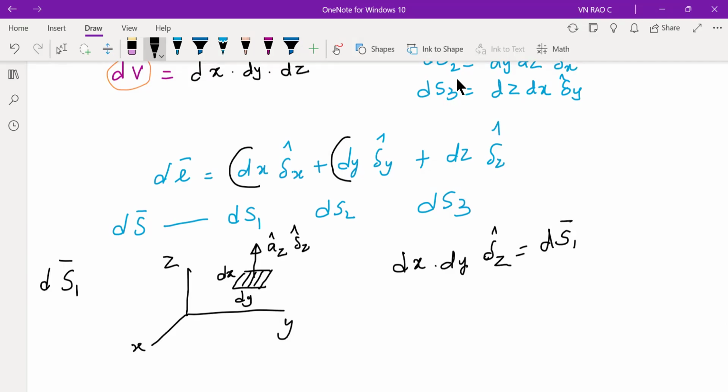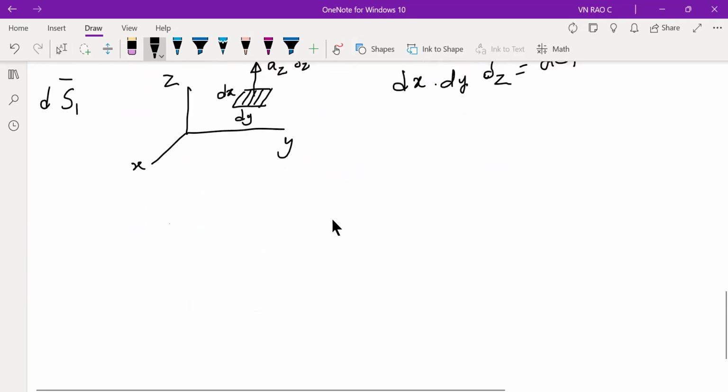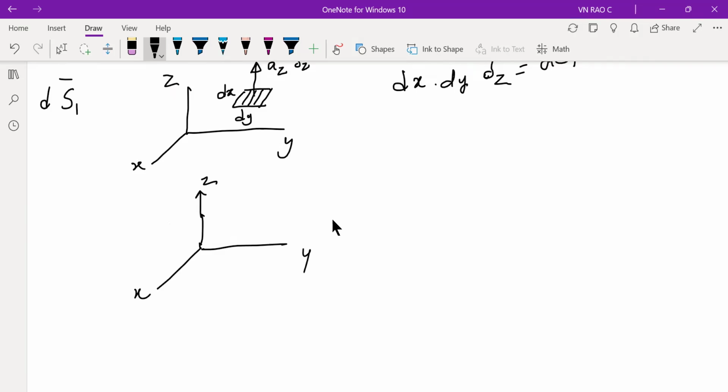Similarly, let us consider the other one. Again, let us draw something simple like this and then like this. So this is Z direction, this is X direction, this is Y direction. Now we take it like this and then like this.